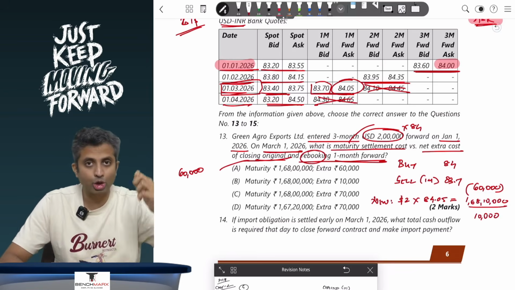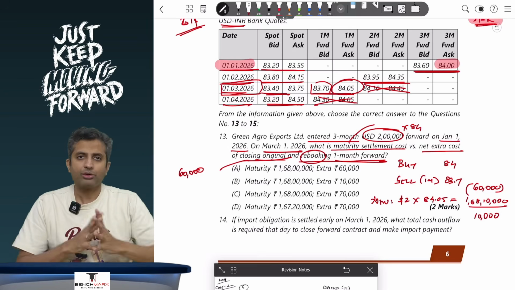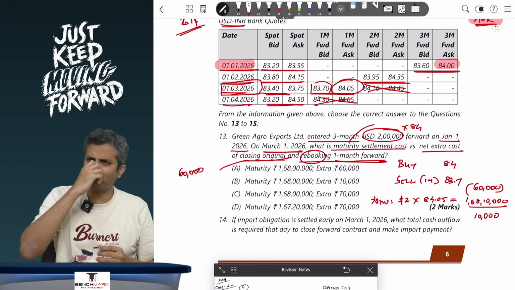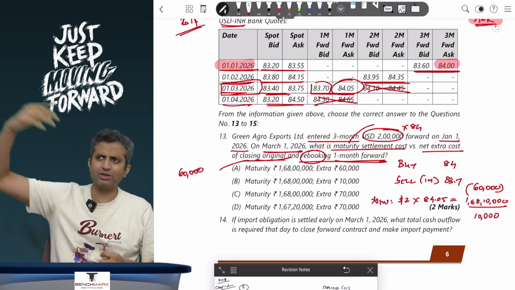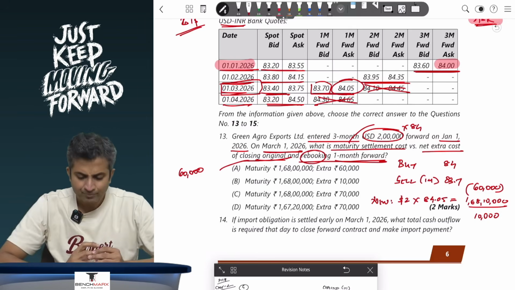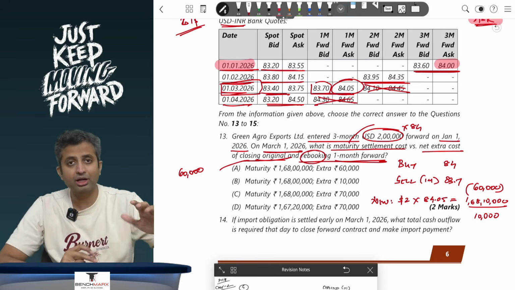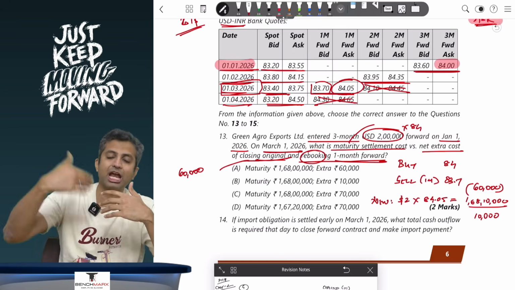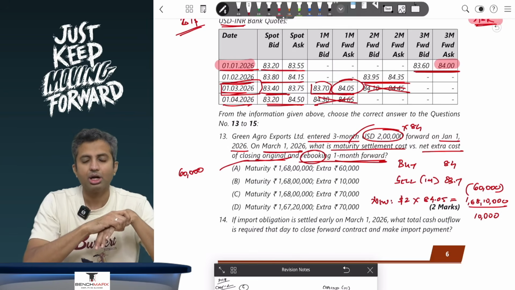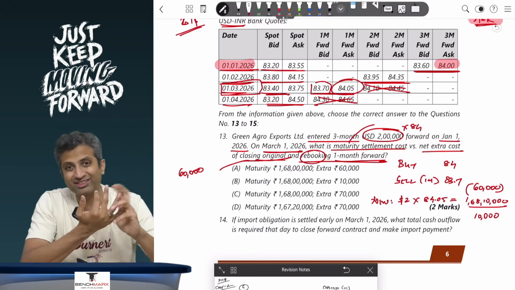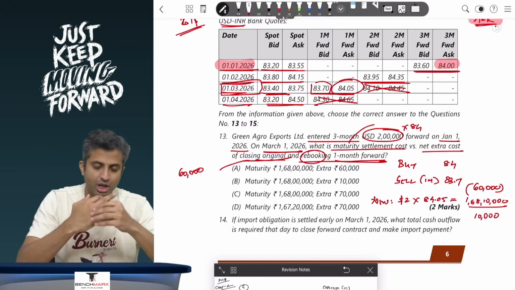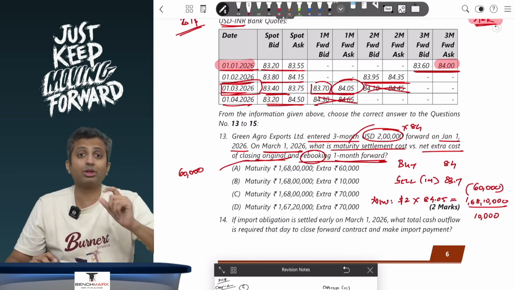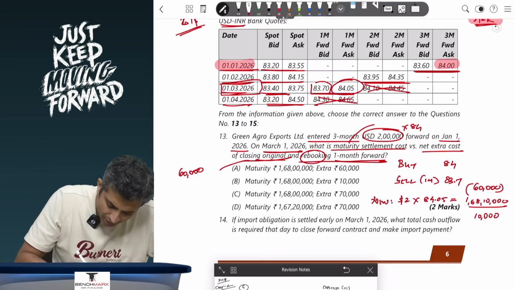So one option is to continue this contract, in which case ultimately I have to pay 168, or I can cancel it and pay 60,000 net and then enter into another contract at 84.05 and pay 1 crore 68 lakh 10,000 overall. So I will pay a total of 70,000 extra. So maturity value is 168 and extra 70,000.